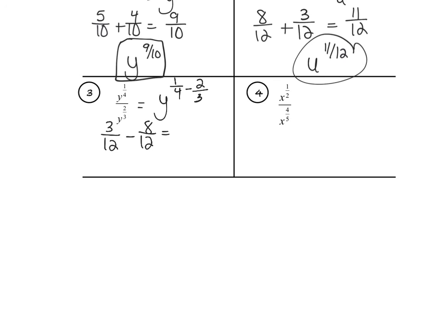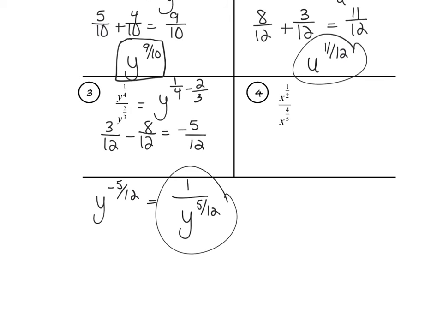So 3 minus 8 is negative 5/12. So far we have y to the negative 5/12 as an answer, but we're not done yet because negative exponents need to be moved to the bottom to become positive, and we want our answers to be positive exponents. So you get 1 over y to the 5/12.